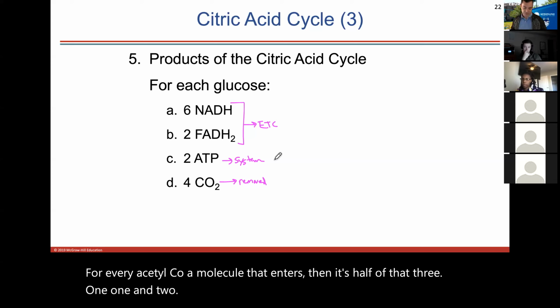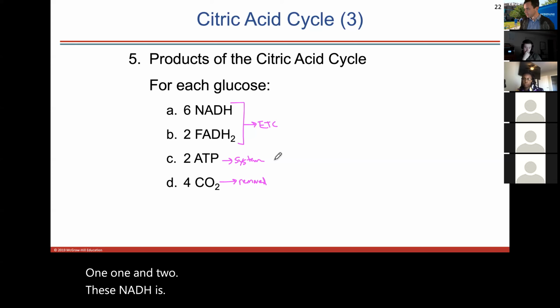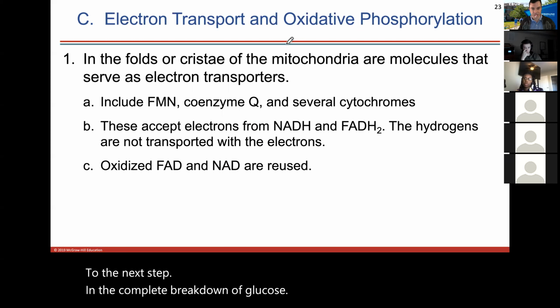These NADHs and these FADH2s head over to the next step in the complete breakdown of glucose. And that's the electron transport chain.